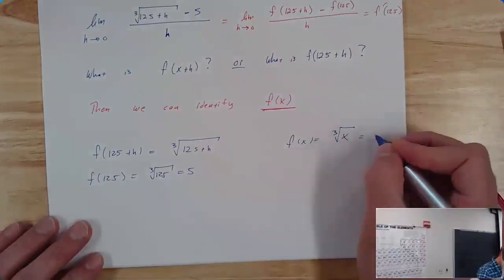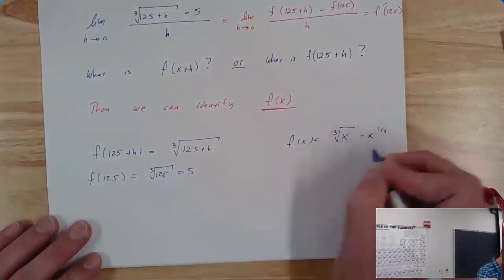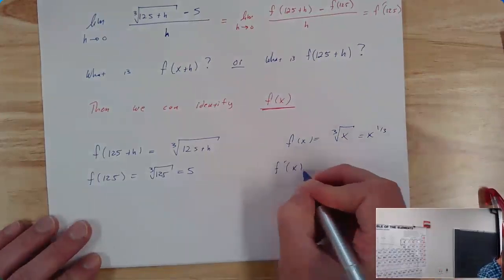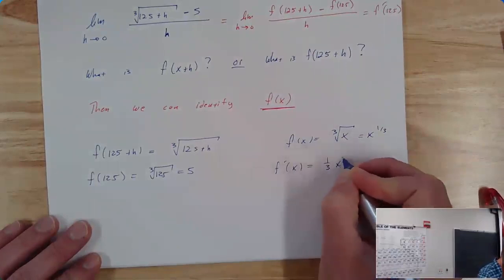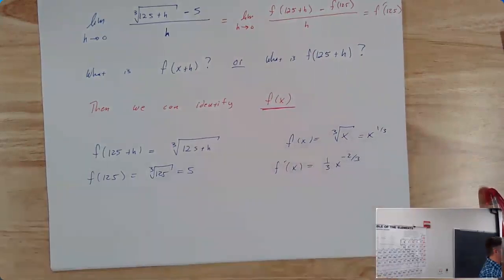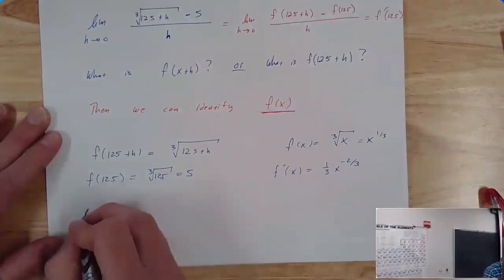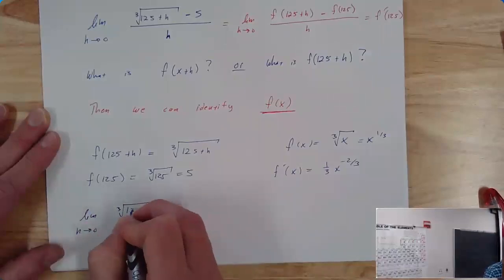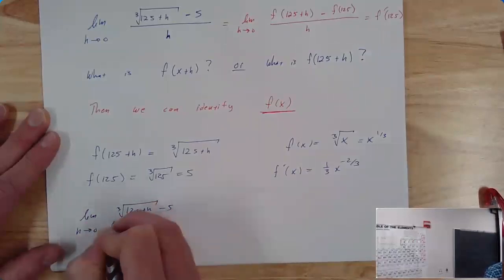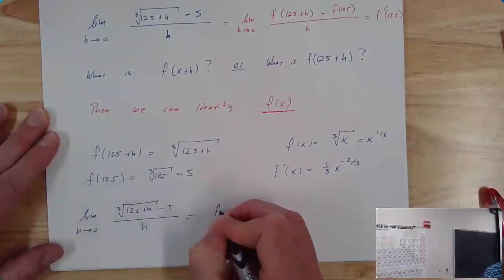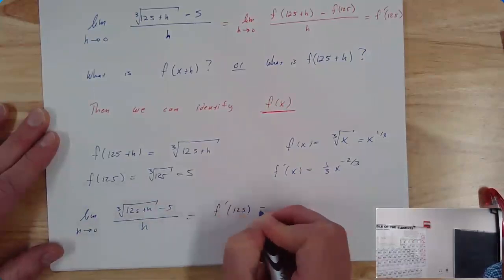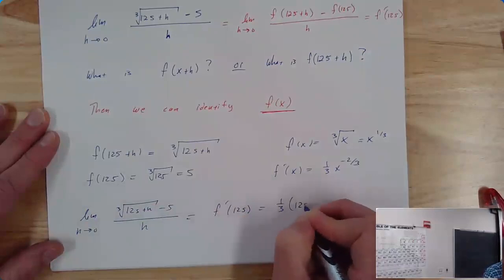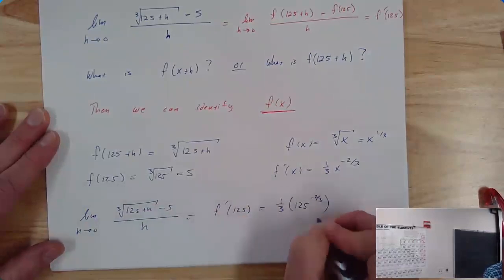So this is x to the 1/3 power, and the derivative of that is 1/3 x to the negative 2/3 power. Just throw in the power rule at it. And so then this limit, as h goes to 0 of the cube root of 125 plus h minus 5 over h, is going to be f prime of 125, which is 1/3 times 125 to the negative 2/3 power.